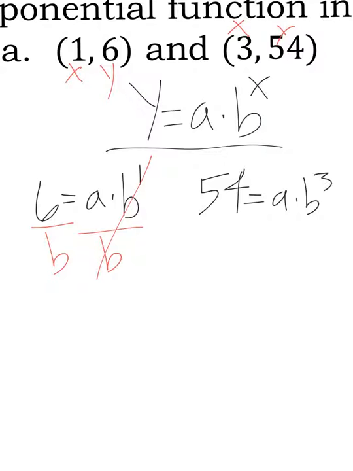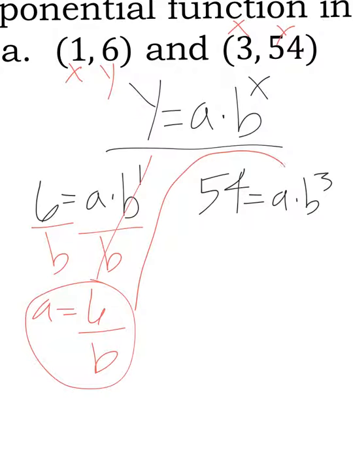That's basically what's going on here. So we're not getting a value for a just yet. We just know that a is going to equal whatever 6 divided by b is. So I'm just going to plug that in right there. So I have 54 equals 6 over b times b to the third. All right, so b to the third divided by b is just b squared.